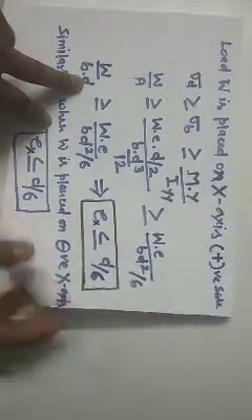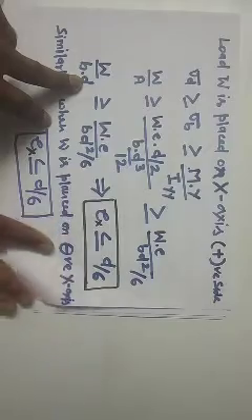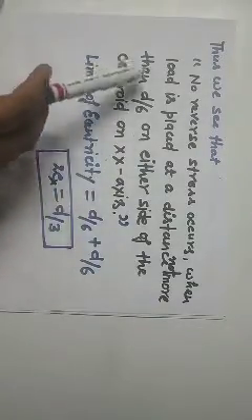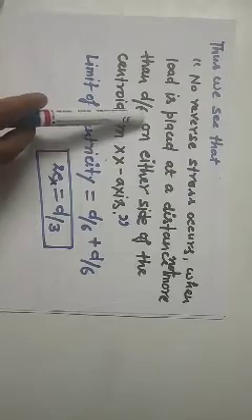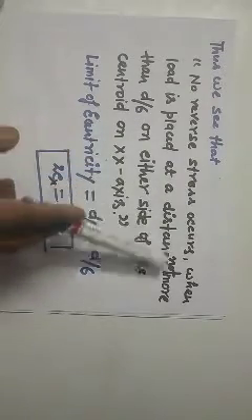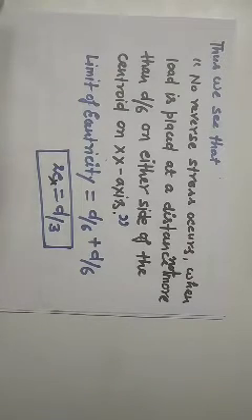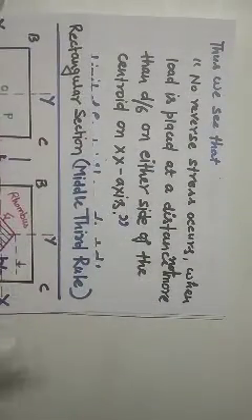What is the conclusion coming out from this result? Clear? The conclusion is that no reverse stresses occur when the load is placed at a distance not more than d by 6 on either side of the centroid on the x-axis.